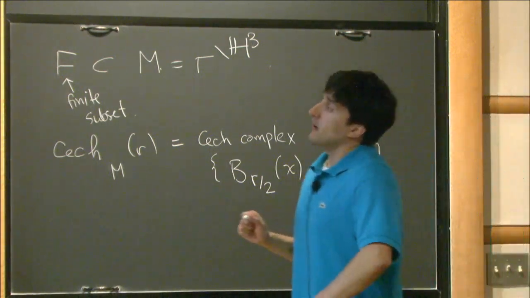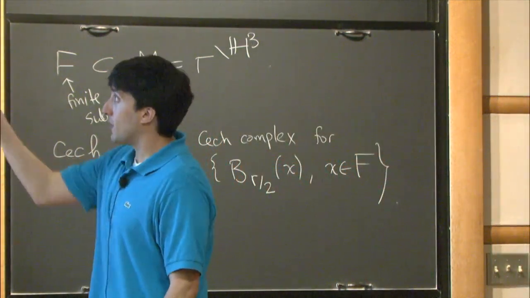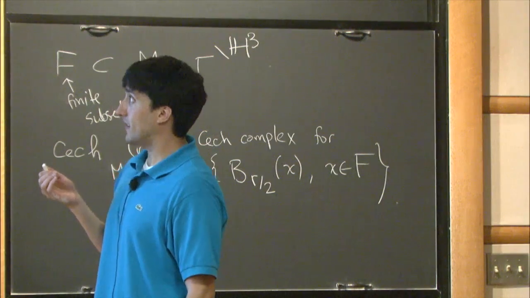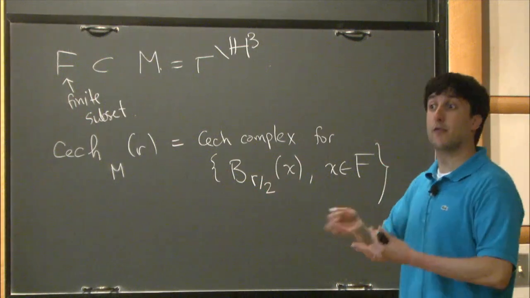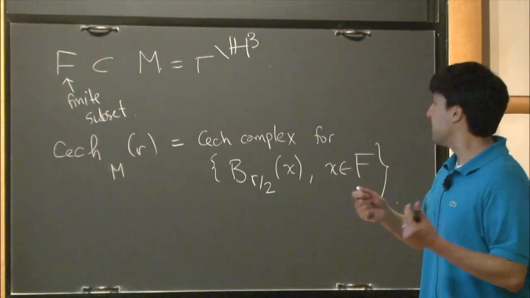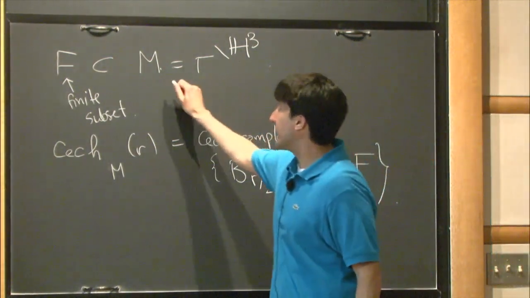Okay? So for that radius, 0.65, it so happens that these balls are all convex, and they form a good cover of the three-manifold M.